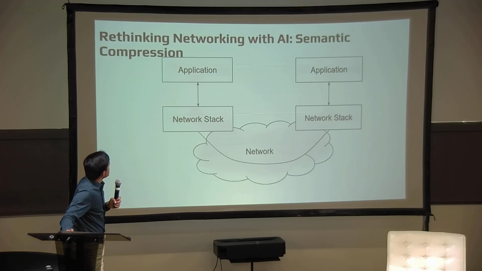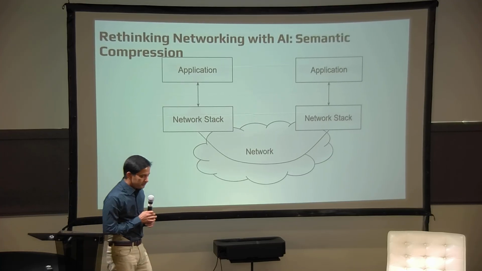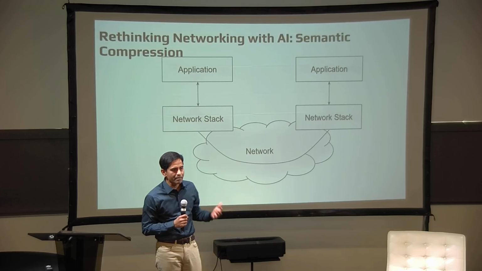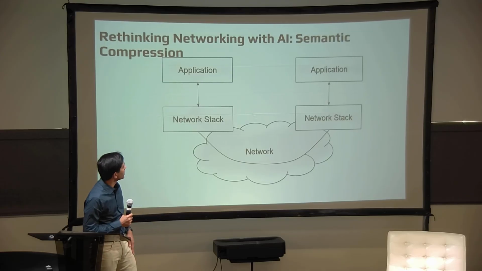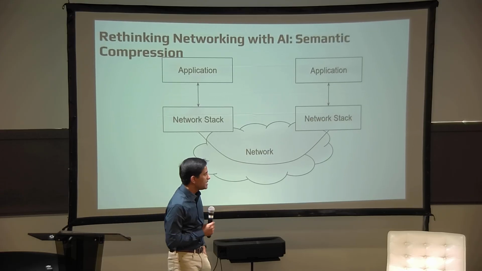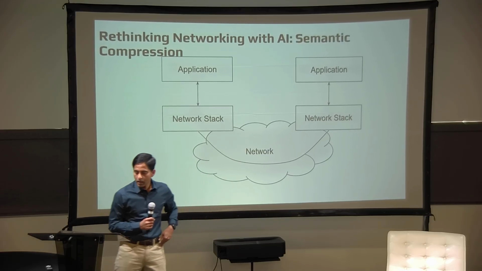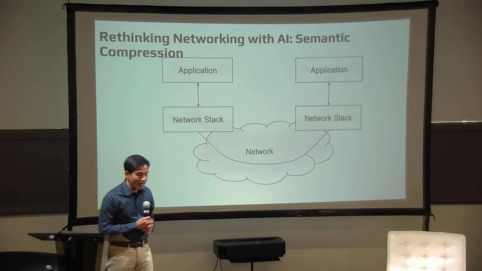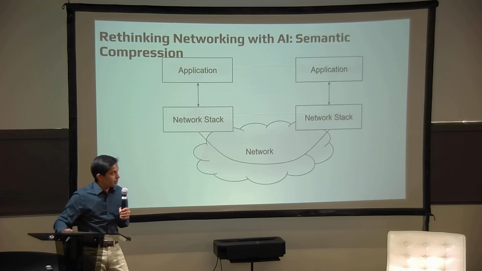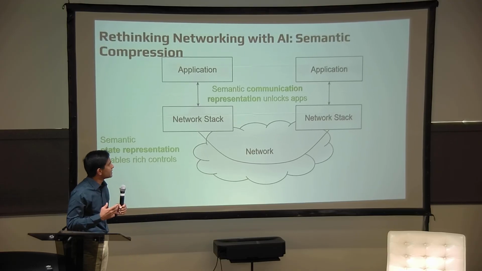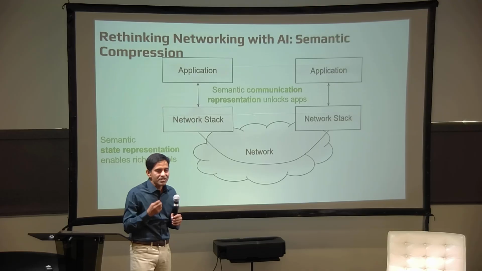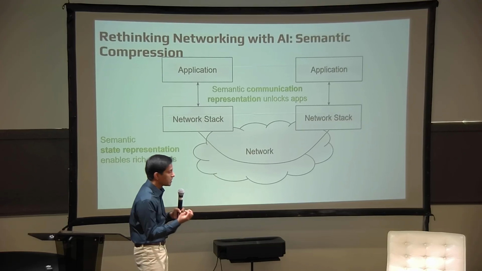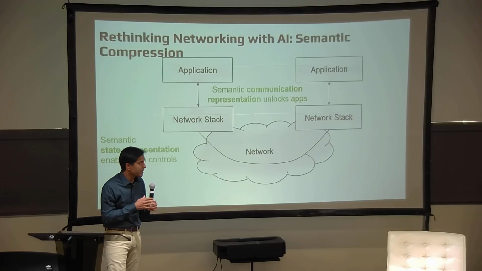All right. So what is the basic idea here? The basic idea is to think of AI as a semantic compression engine. And I'm going to talk about what I mean by semantic compression. But the upshot of viewing this as semantic compression is that the contract between applications and the network is one of extracting the intent of the communication, not the exact bits that you want to exchange, which unlocks a richer set of applications.